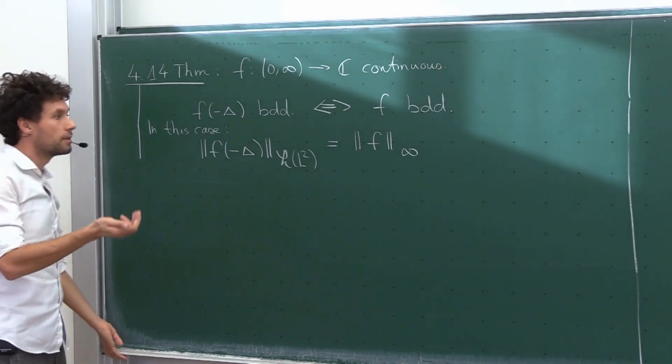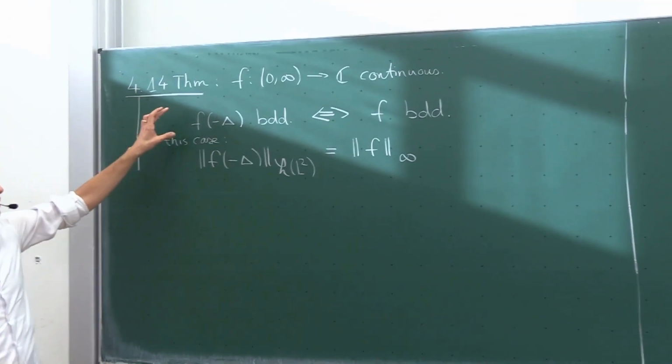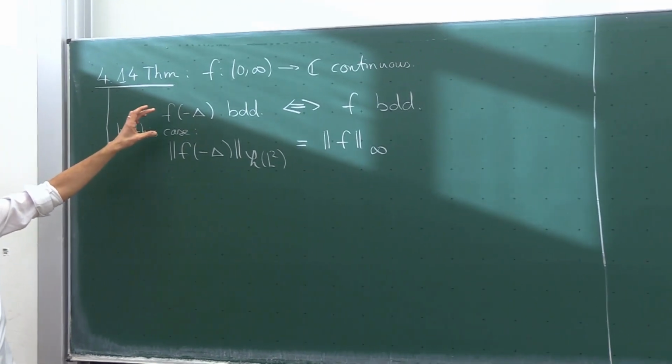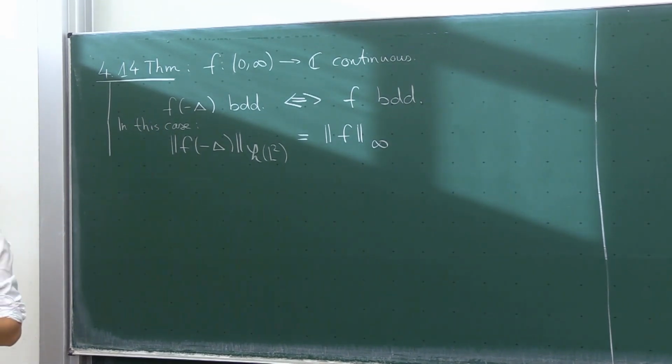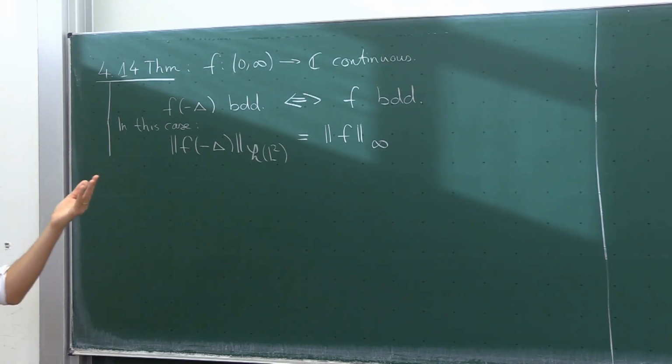If you want to view it in the fancy way, then it says that this map from continuous functions to bounded operators becomes some sort of a contraction, or even better. Okay, contraction is what we're going to see later on. But the important thing to keep in mind is that bounded functions produce bounded operators and vice versa.